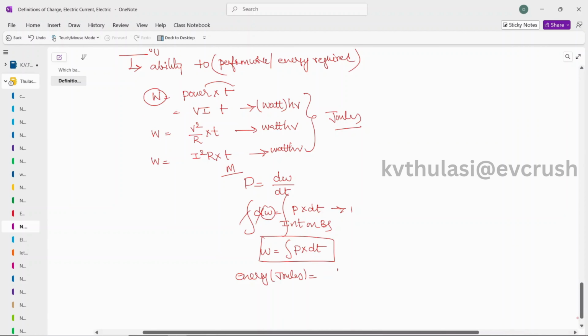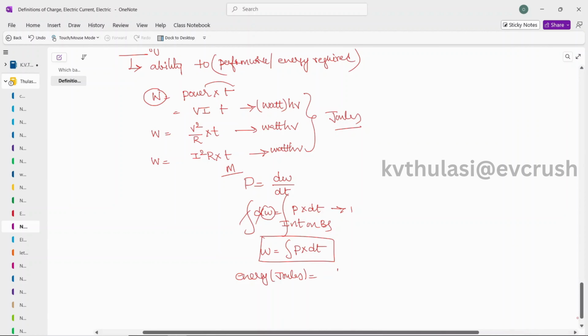The unit of charge is called coulomb. The unit of Q is coulomb divided by time taken. So coulomb will get cancelled. The ultimate unit is joule per second, which is also called watts. This is how to write the units of power as well as energy.